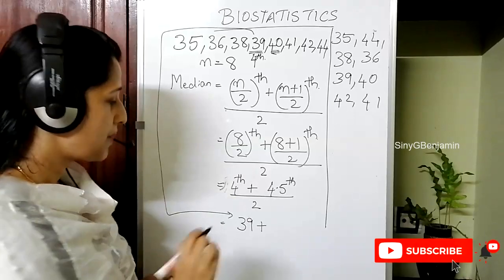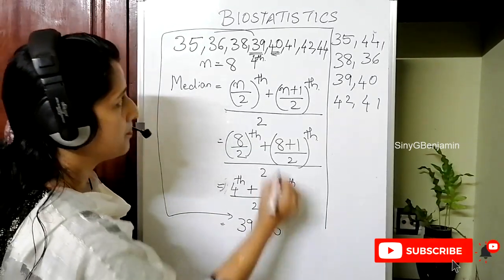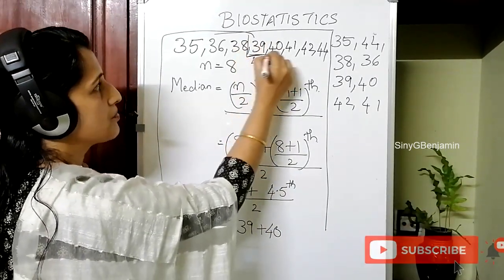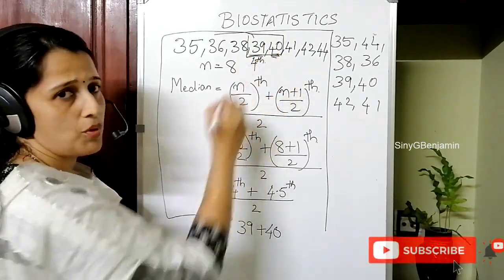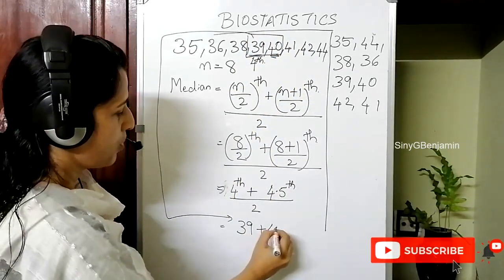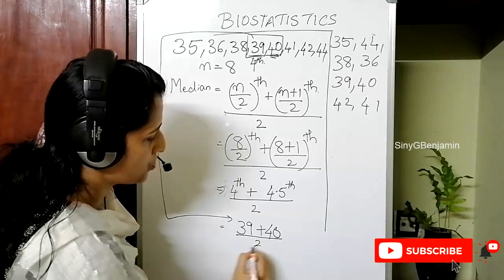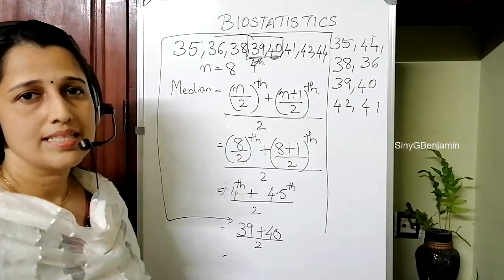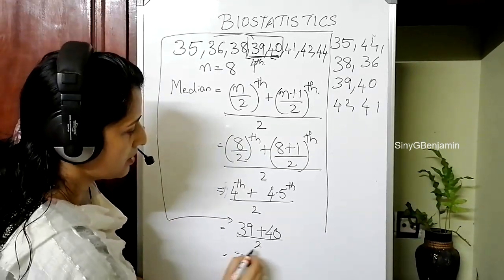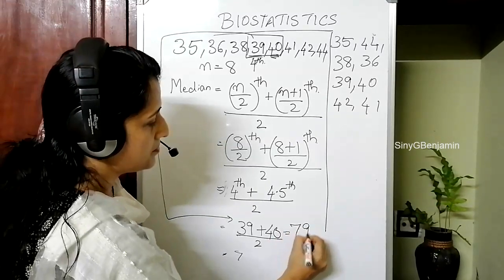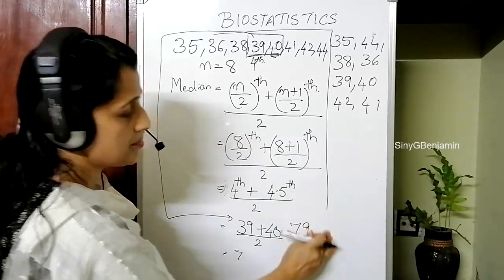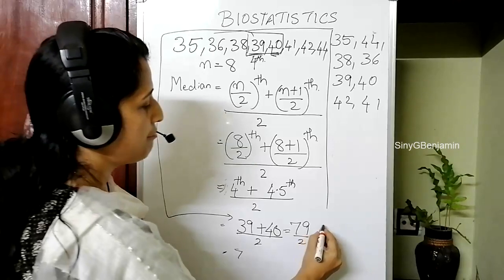So 39 plus 40. These are the two values which we take, 4th and 4.5th. 79 divided by 2, that comes to 39.5.